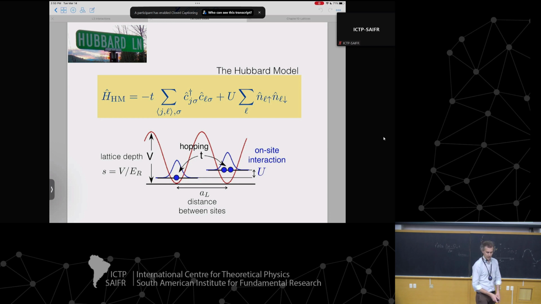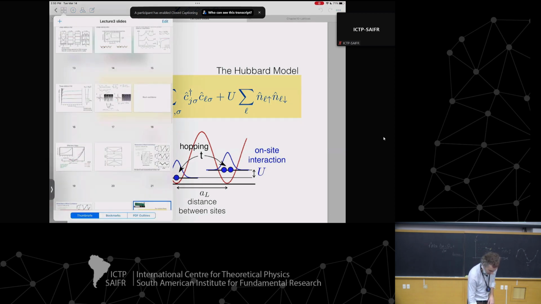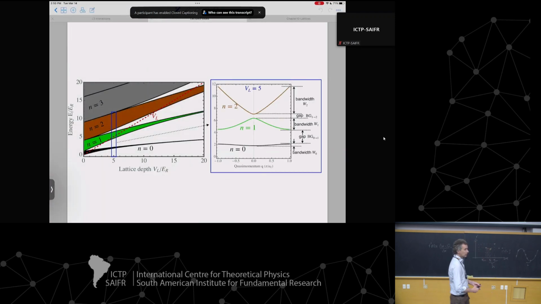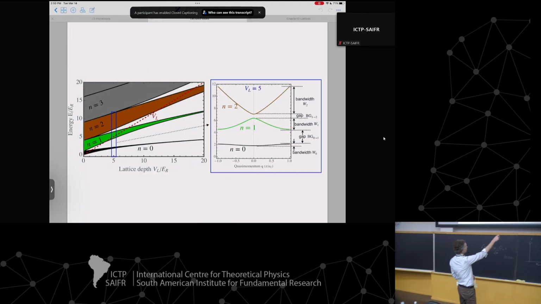Yeah, I guess it's two effects happening at once. One of them is that as I make the atoms denser on a single site, the density goes up. As we said, that goes like s to the 1/4. But the other thing that's happening, which is more significant, is the tunneling is going down. Just to remind you, the tunneling is given by the width of any of these bands.